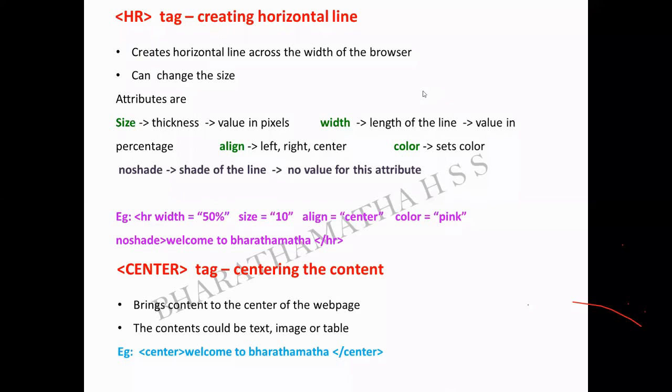That is the width of your screen, and so much itself your browser also occupies. So along the width of your browser, you can draw the line. For that only you're using your horizontal ruler.